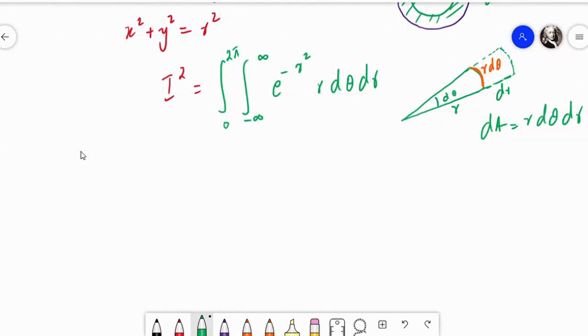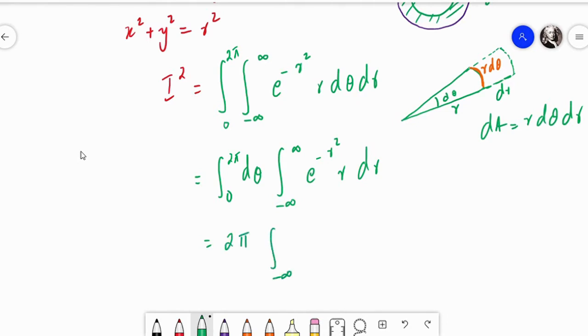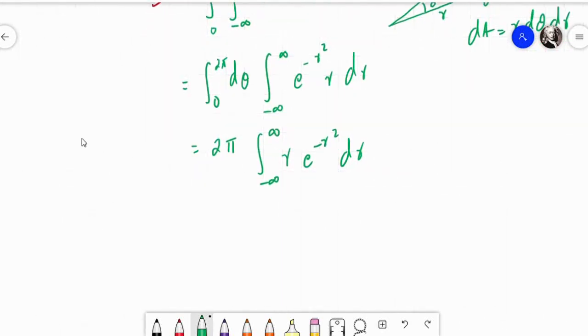Separating the variables, our integral simplifies to the integral from 0 to 2 pi of d theta times the integral from minus infinity to infinity of e to the minus r squared r dr. This first integral is just 2 pi, and we have the integral of r e to the minus r squared dr.